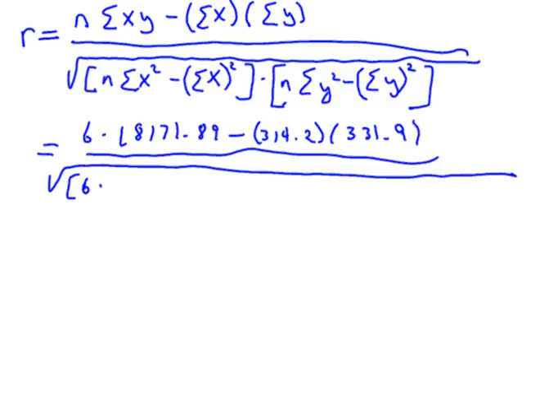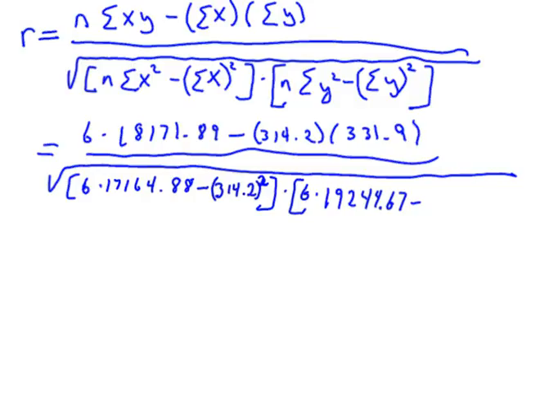The sum of my x's squared, 17,164.88, minus the sum of the x's, 314.2, squared, close brackets, times, now let's insert the y values, 6 times the sum of the y squares, 19,244.67, minus my 331.9 squared.